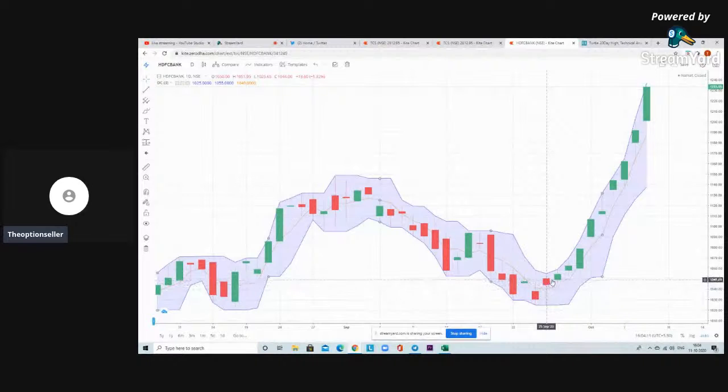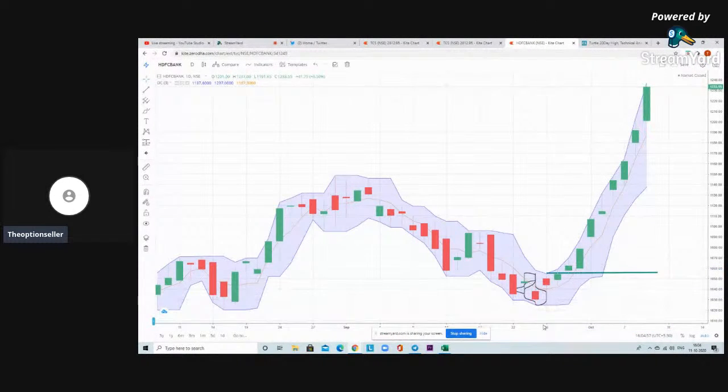broken or not. For example, if you see this candle here, what this green candle has done is it has broken the high of these three candles.